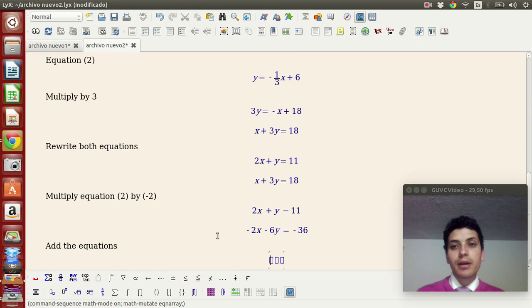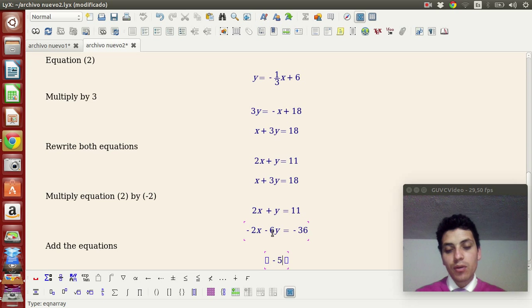So here we have a horizontal line, and 2x and negative 2x is 0, we don't have to write that. Y minus 6y is minus 5y equals 11 minus 36, which is negative 25.